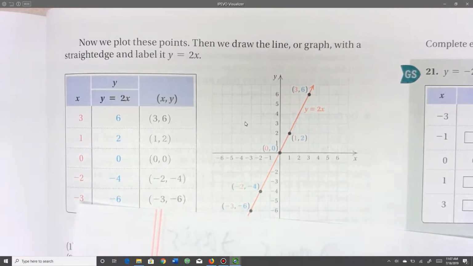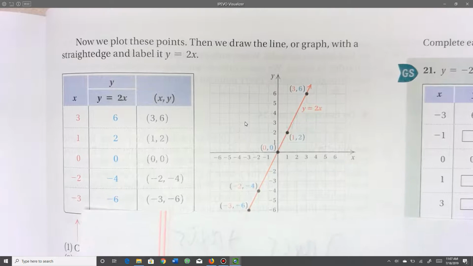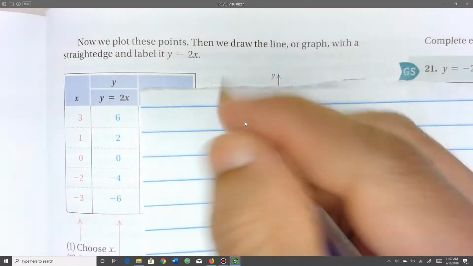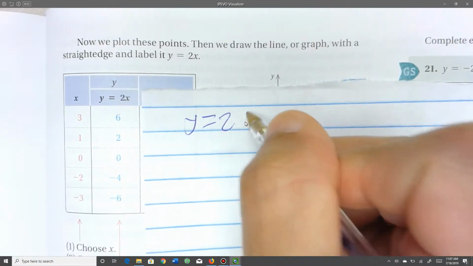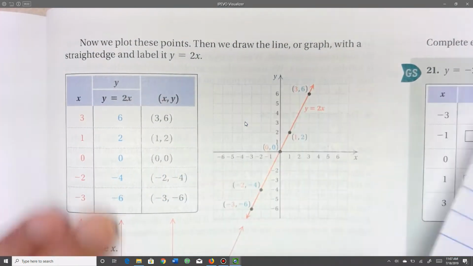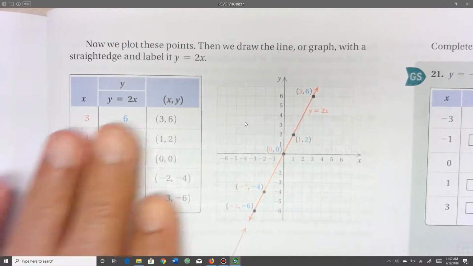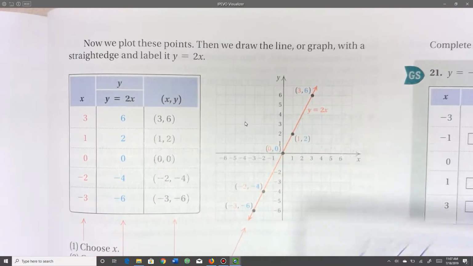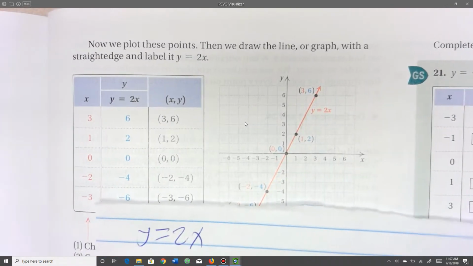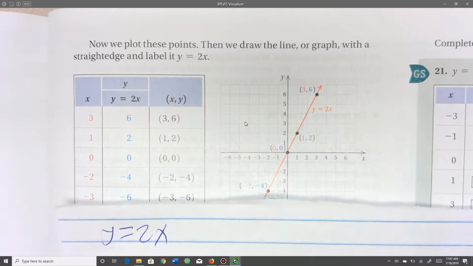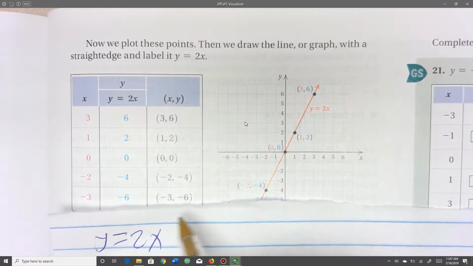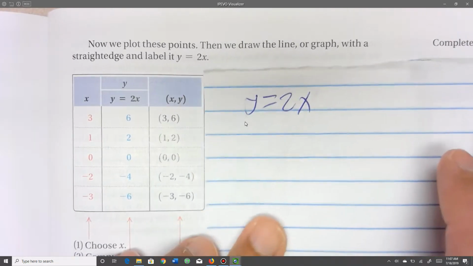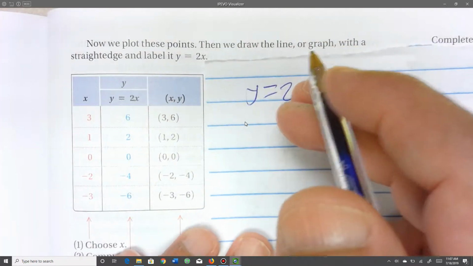And we have the equation y equals 2x, and you don't have to draw it like this, you don't have to draw a table like this. It's too much work. Let me show you what you can do. You can draw a table that looks like that. I'm just gonna put it over here.